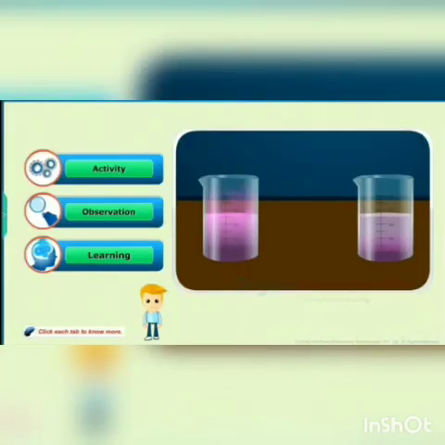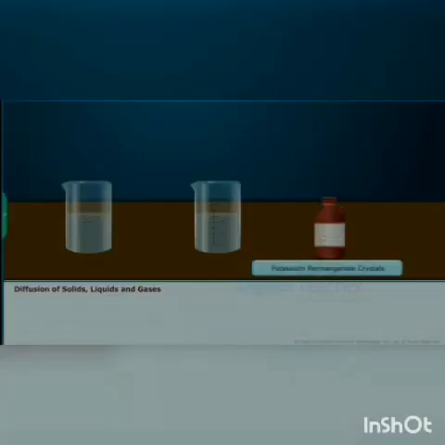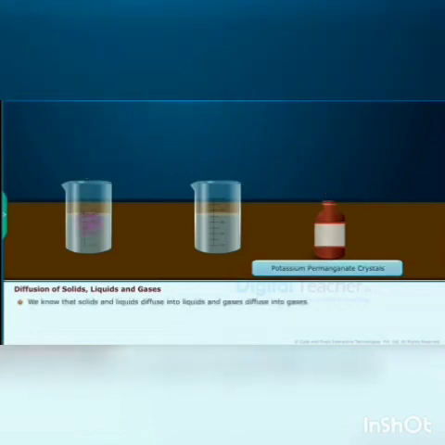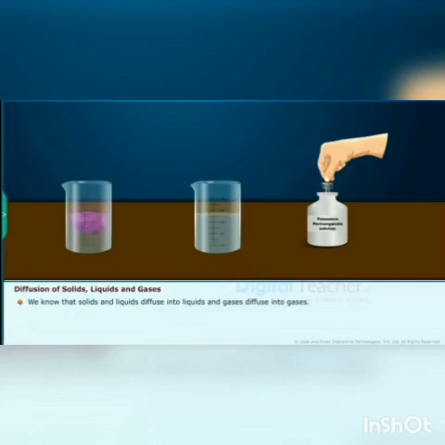Diffusion of solids, liquids, and gases. We know that solids and liquids diffuse into liquids and gases diffuse into gases.